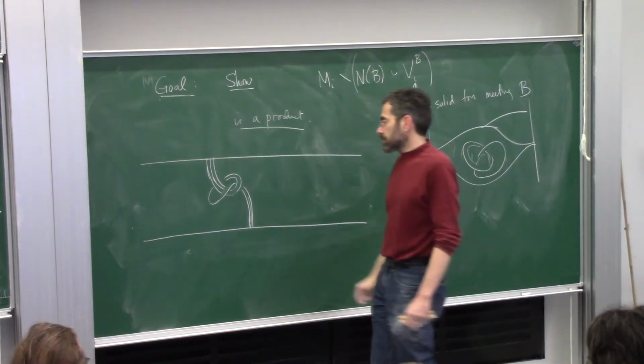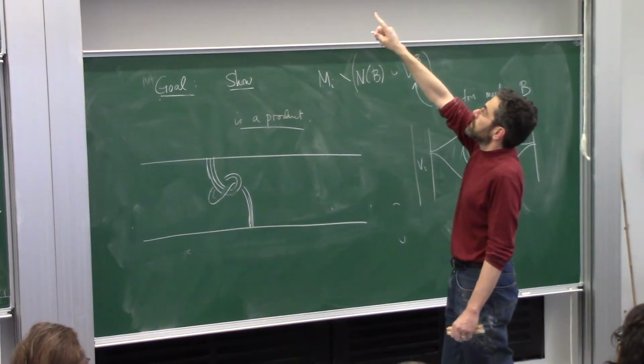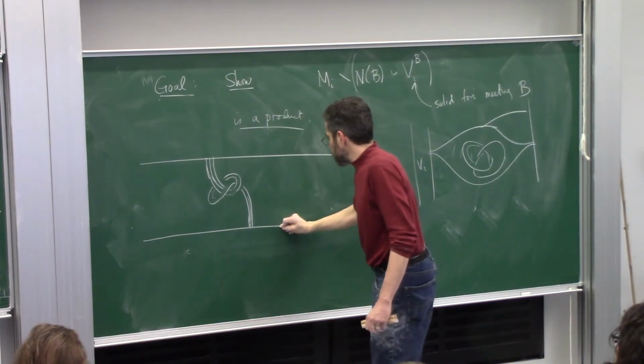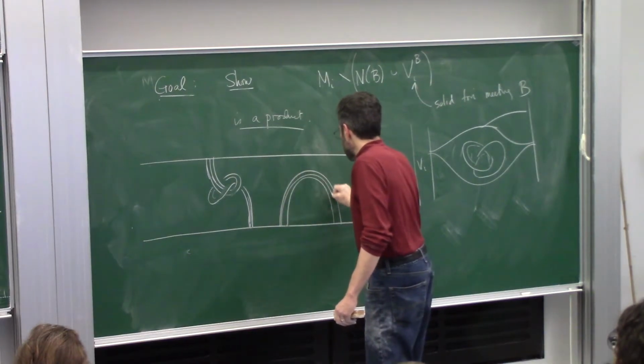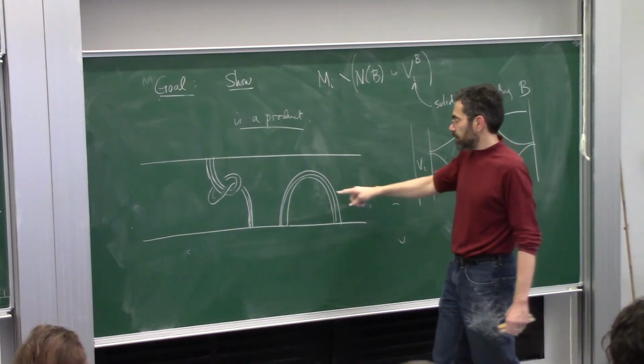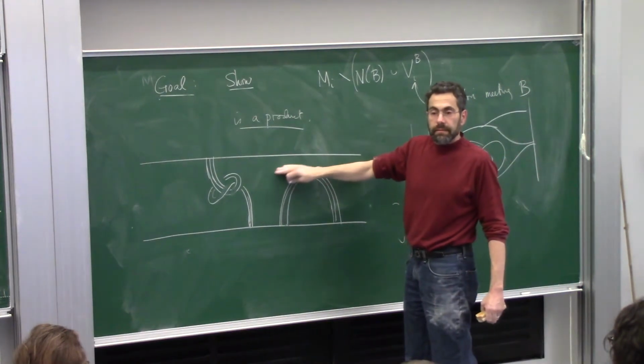And I drew you just a tiny local picture. Maybe the foliated region looks like this. Maybe it runs from the same side of the product to itself. And if either of these things happen, then the complement is not a product.